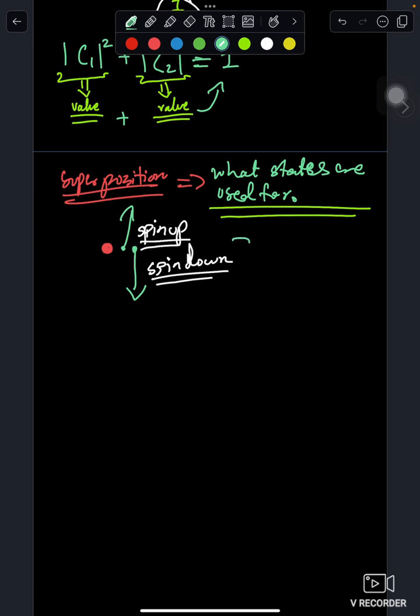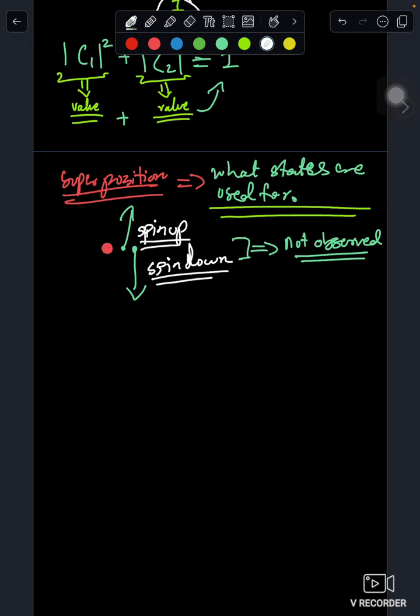But always remember, we think of a particle as being in multiple states only when not observed. This is a key point. Not observed means the measurements are not taken.